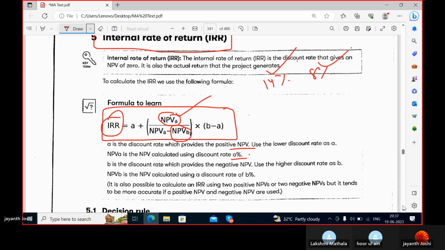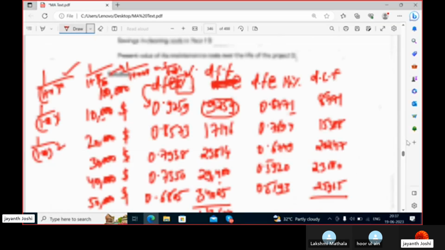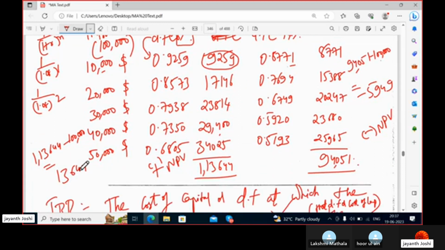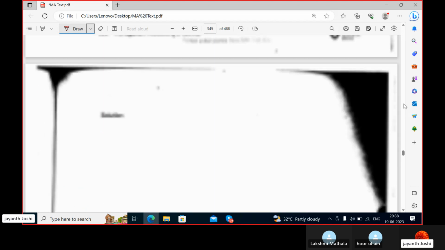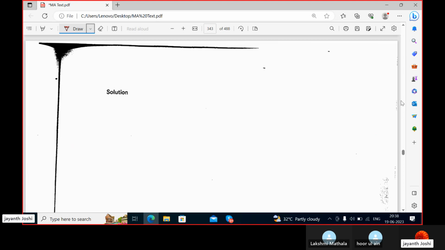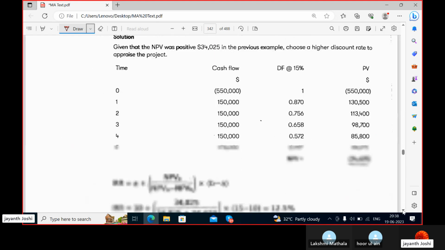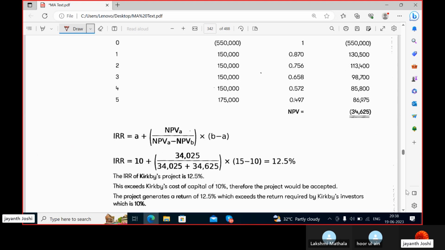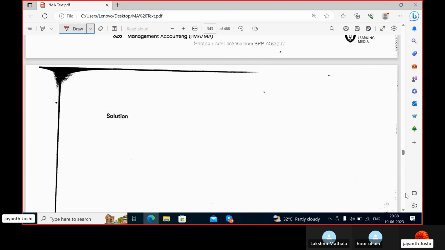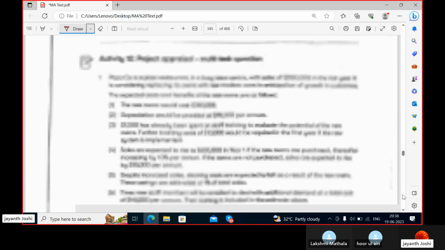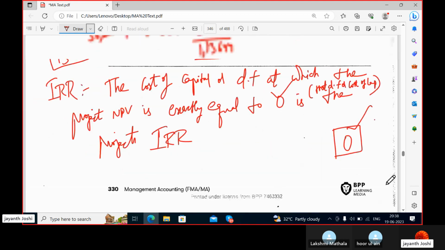Now we'll just take the NPVs and do our calculation. So our NPVs were 13,644. I'll just note it down. Or let's write down the formula here itself. That makes sense. And then I'll give you the activity to do at home. Let me write the formula.